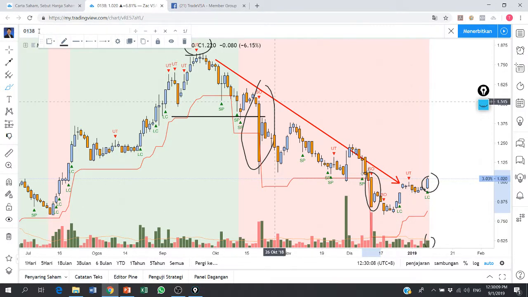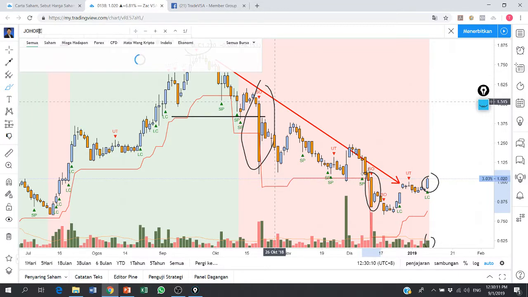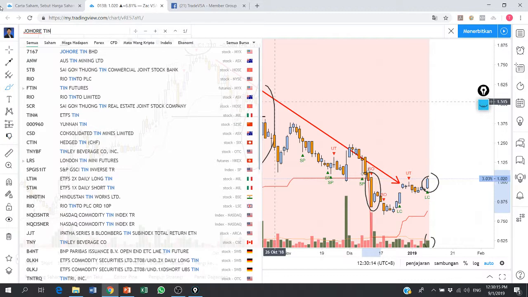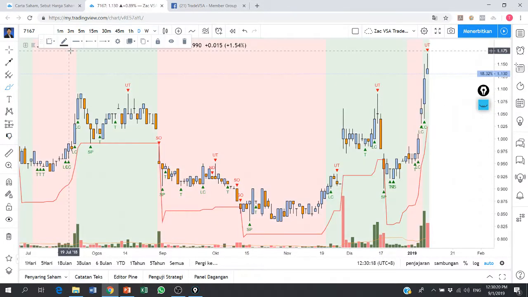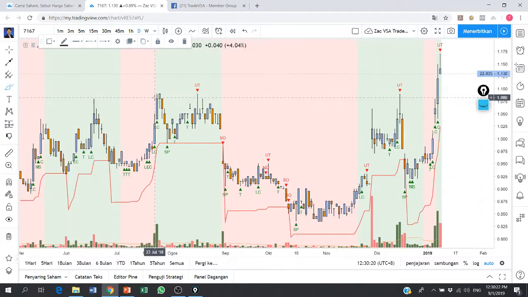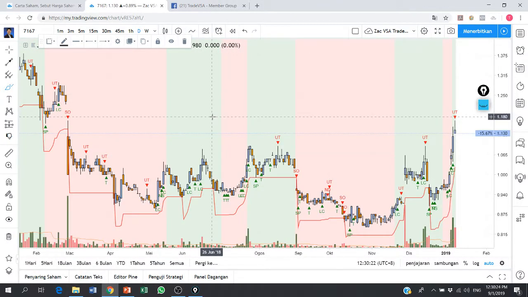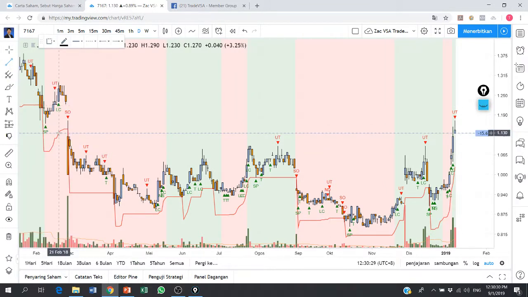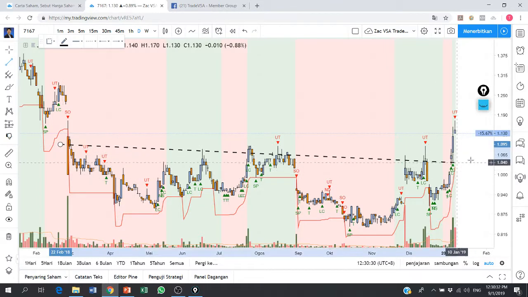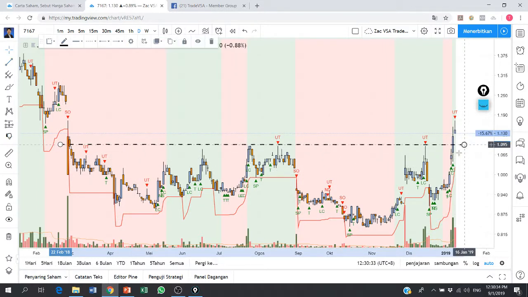Okay, Johortin. I think J-Link also mentioned Johortin. For me, there's a good chance for you to trade. Of course, we have the first resistance over here. Yesterday's bar already closed above this resistance, which is nice.